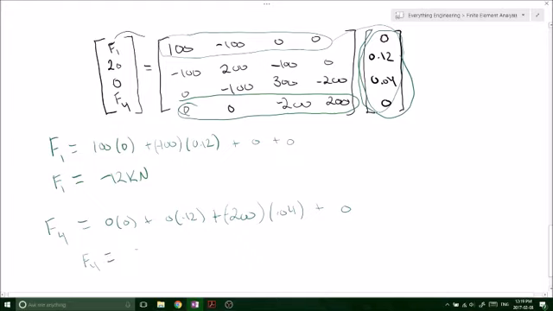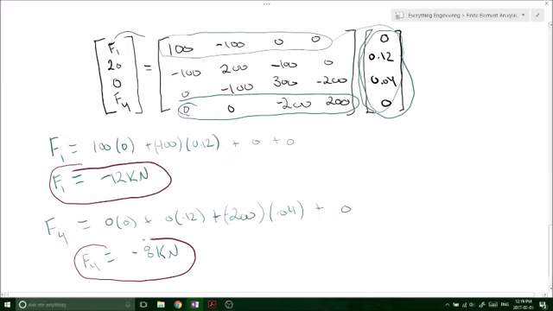So F4 is equal to negative 8 kilonewtons. And there we are. We have both of our support reactions, F1 and F4.